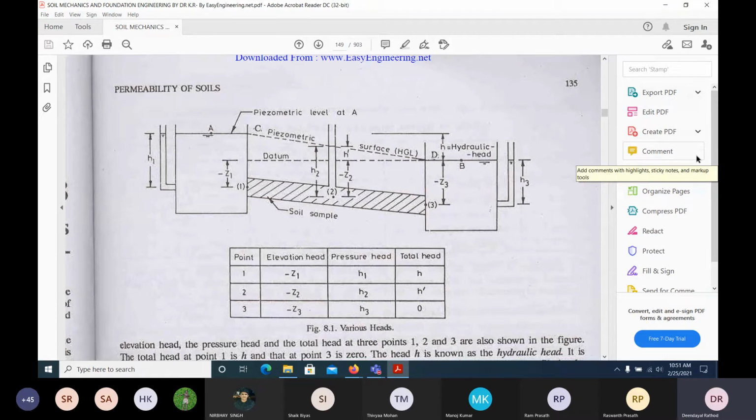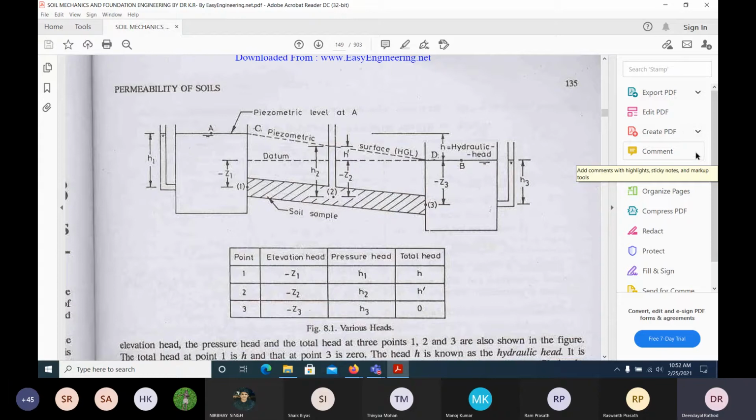Minus Z1 is the first point A, minus Z2 is the second one, minus Z3 is the third one, compared to the datum. And the pressure head you will get as H1 when you insert a piezometer, H2, H3 and so on. The final head would be the addition or subtraction of these. H1 minus Z1 will be H, H2 minus Z2 will be H dash, and this would be 0 here.